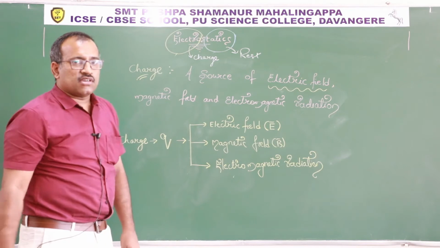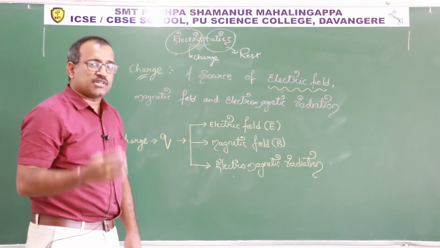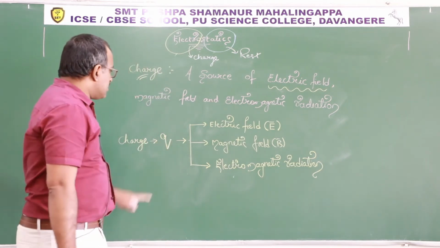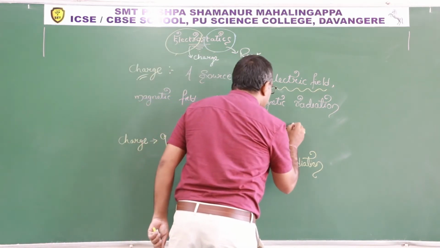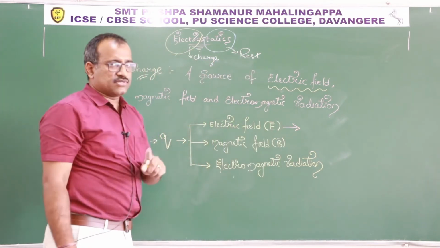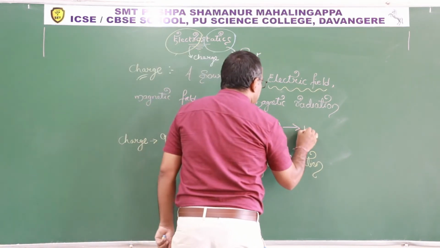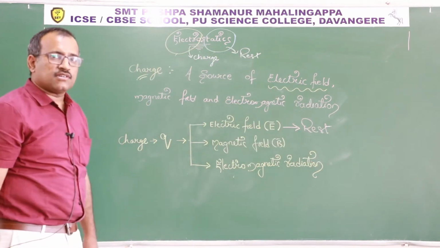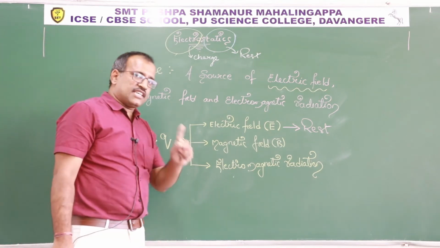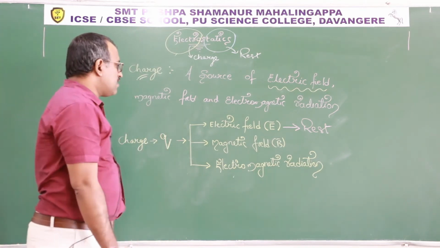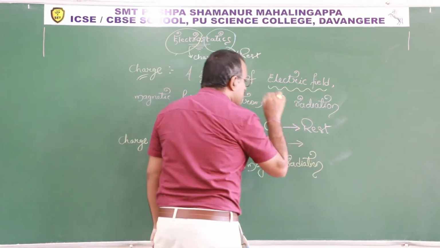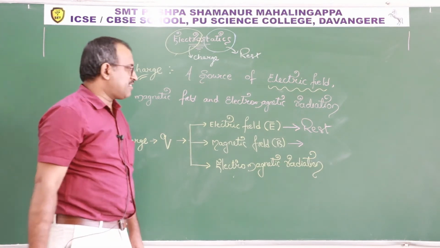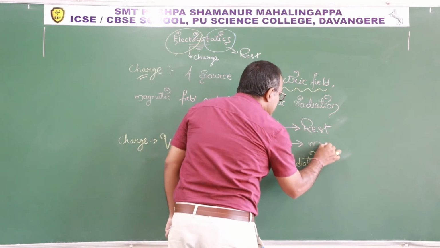You believe it or not, you will enjoy the upcoming topics because they are particularly in order. Charge. Electric field will be produced only when charge is at rest. Remember this. And magnetic field is produced, guessing? Yes, absolutely correct. Magnetic field is produced when it is in motion.